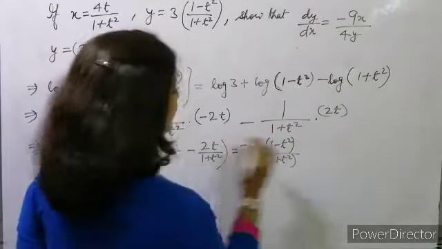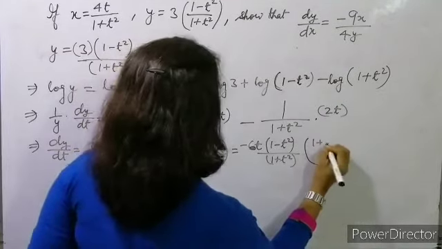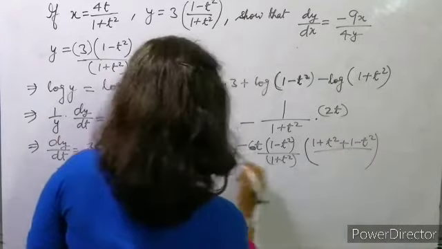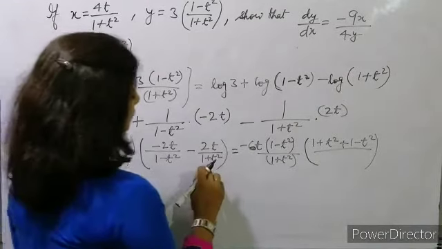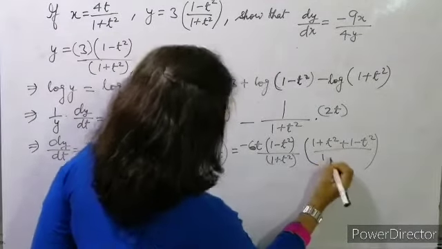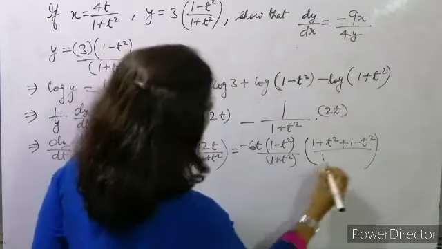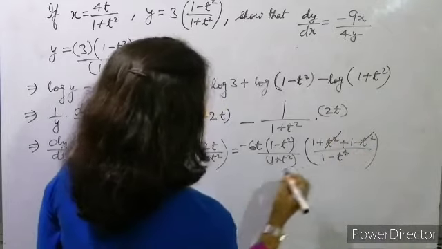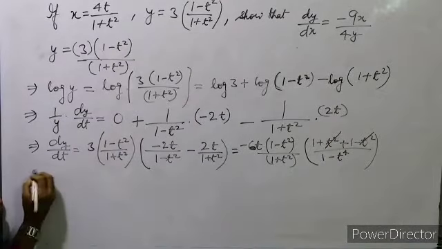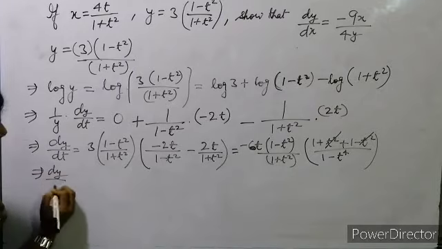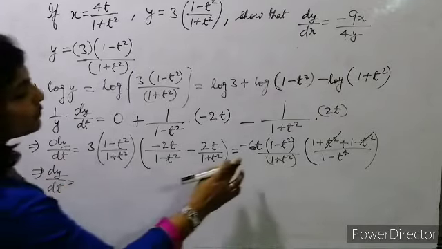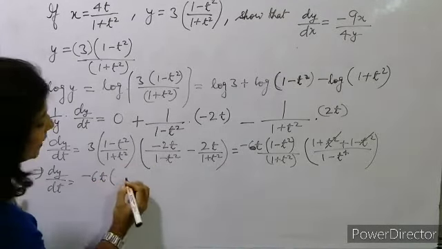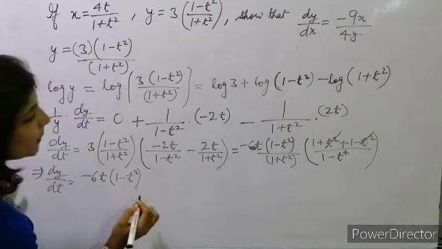Now for this one, we take 1 divided by this one. It will be plus in both, so it will be 1 plus t square plus 1 minus t square divided by 1 minus t square into 1 plus t square, so it will be 1 square minus t square squared, so t to the power 4, and this cancels. Now we'll get dy by dt: minus 6t multiplied by 1 minus t square.